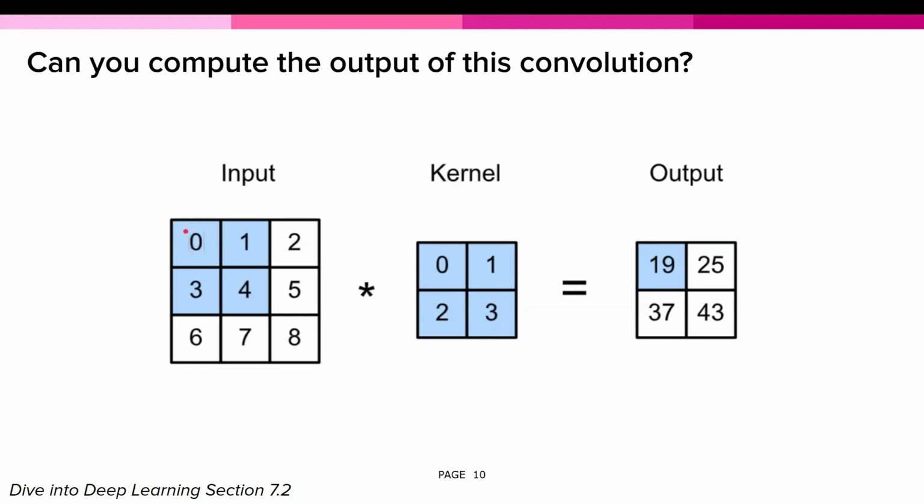So we went 0 times 0 gives us 0, plus 1 times 1 is 1, plus 3 times 2 is 6, plus 1 is 7, plus 4 times 3 is 12, plus the original 7 is 19, to get that value of 19 there. And then we would move our kernel to a different position on the input image, and apply the same multiply and add operations to get the corresponding value at the output image.